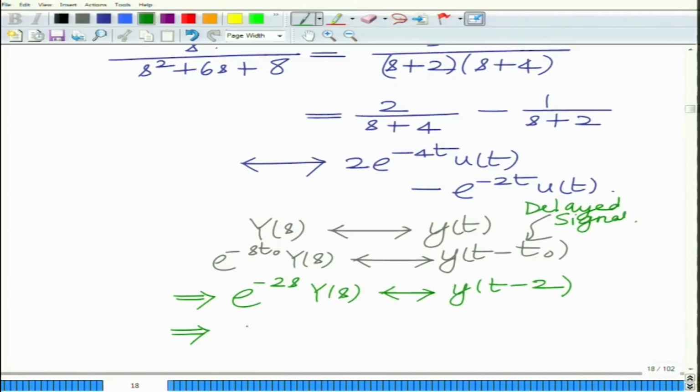This implies 4 e raised to minus 2s y(s) has inverse Laplace transform 4 y(t minus 2).